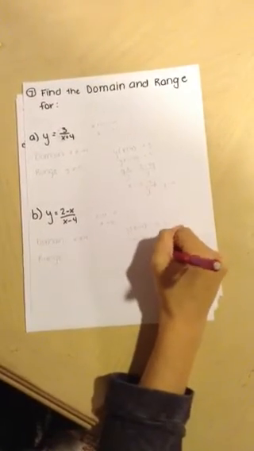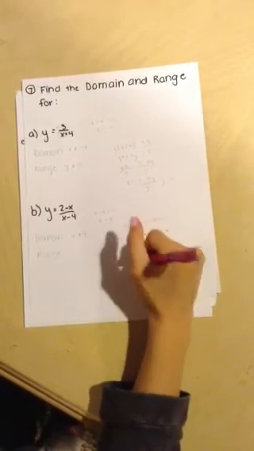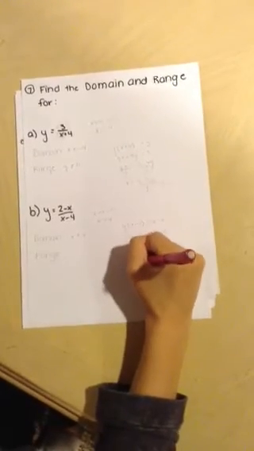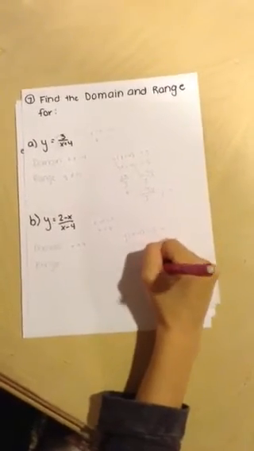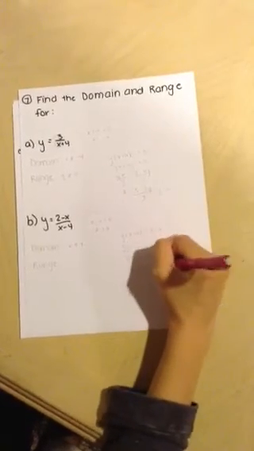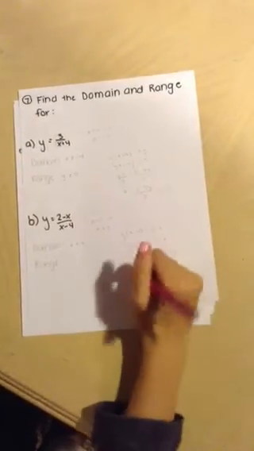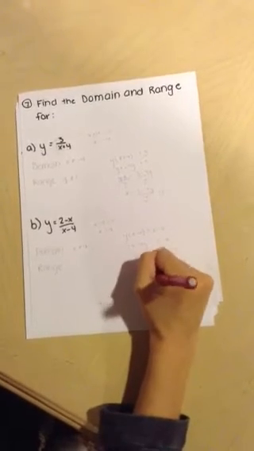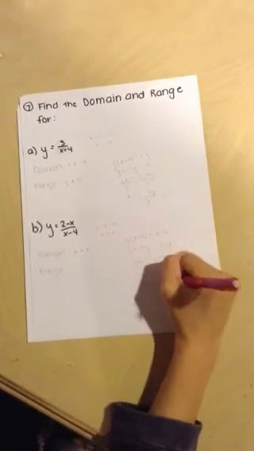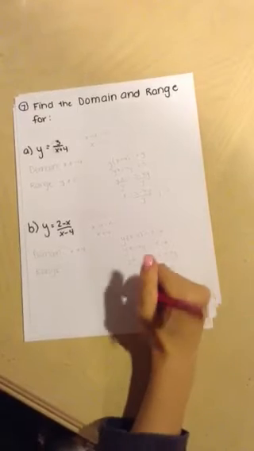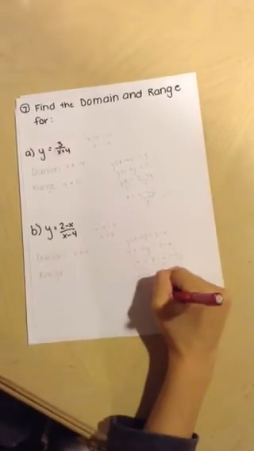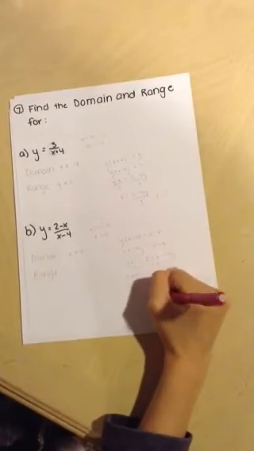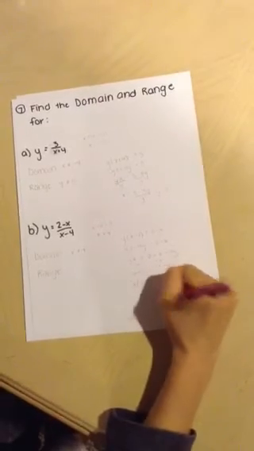So now yx equals 2 minus x minus 4y. Now you're going to add the x on both sides. Get yx plus x equals 2 minus 4y. Take out the x. You get x times y plus 1 equals 2 minus 4y. Get x equals 2 minus 4y over y plus 1.